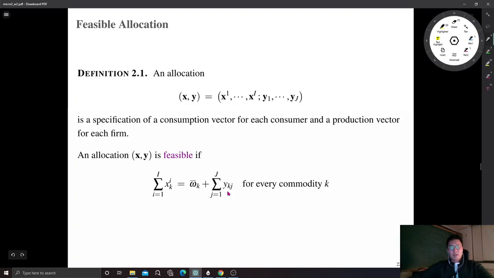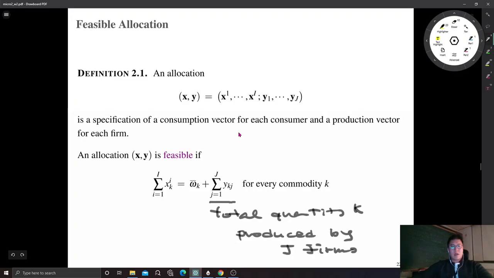So we have to add up this entry y_kj, where j goes from 1 to J. So this is the total quantity of commodity k produced by J firms.